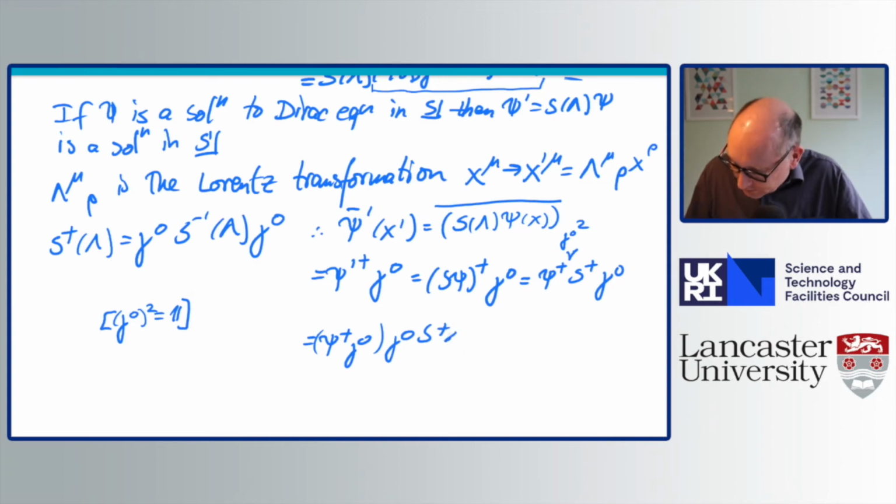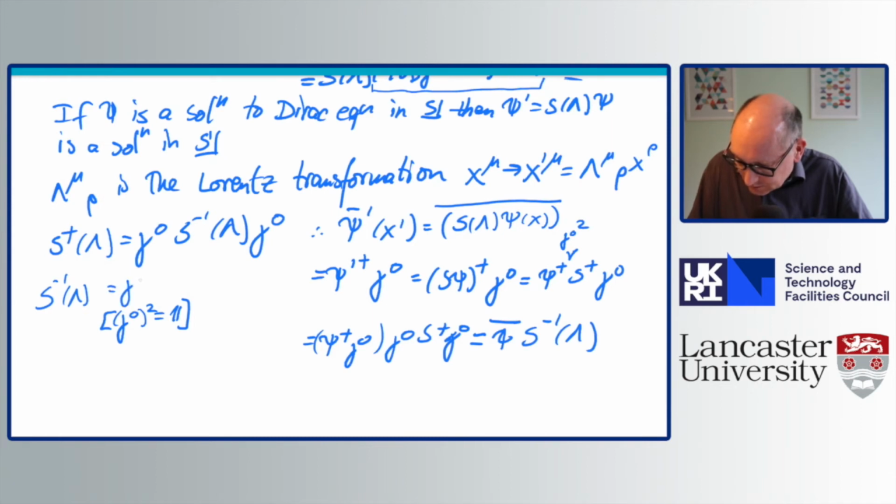But this, of course, we can write as psi bar, and then S dagger, or S minus 1 of lambda, right? Because if we have gamma naught S Hermitian gamma naught, that also means that S inverse of lambda is equal to gamma naught S Hermitian conjugate of lambda gamma naught, again because gamma naught squared is equal to 1.